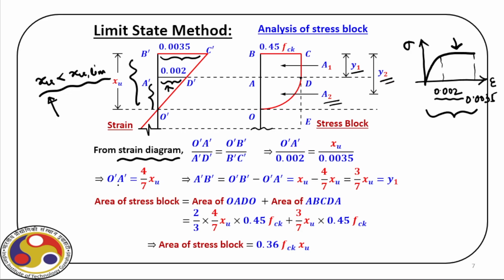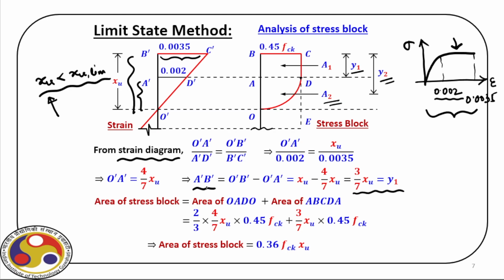So O prime A prime is equal to 4 by 7 XU. Now from that, we can find A prime B prime, which is y1. A prime B prime is nothing but the full length O prime B prime minus O prime A prime. So if you do that calculation, we get XU minus 4 by 7 XU, so it is 3 by 7 XU, and that is the value of y1.